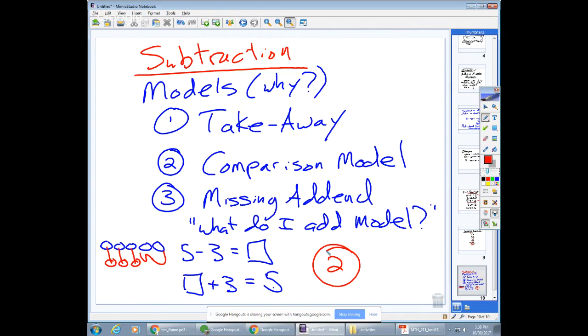Does anybody remember the last model we did for subtraction? Number line. The number line model, right? Yeah, so the number line model is another one we can use.